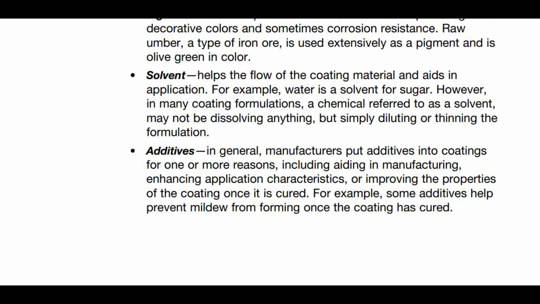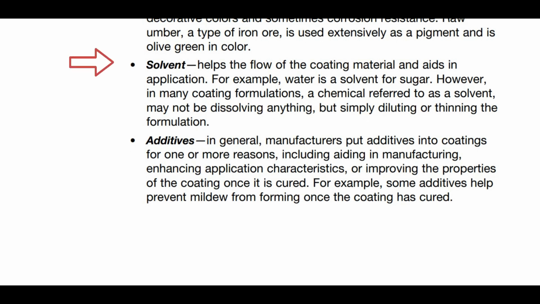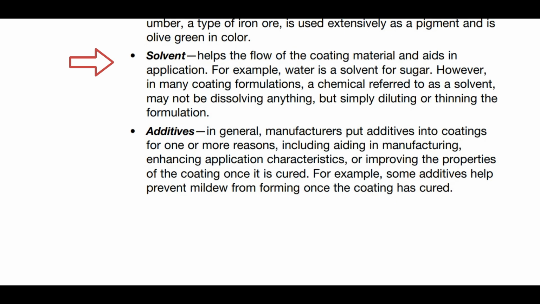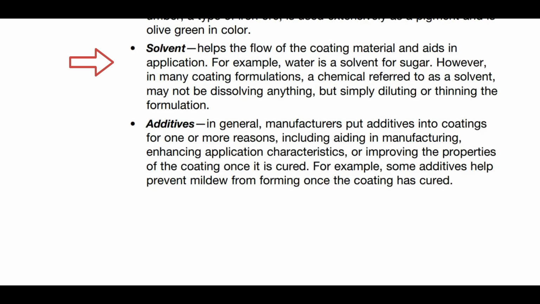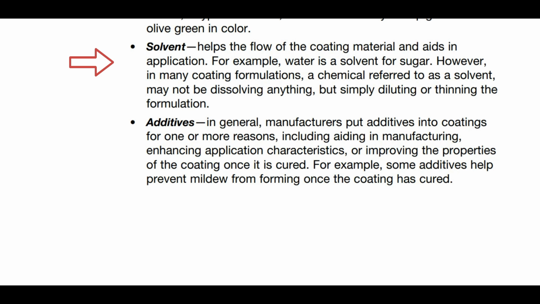Solvent: helps the flow of coating material and aids in the application. For example, water is a solvent for sugar. However, in many coating formulations, a chemical referred to as a solvent may not be dissolving anything, but simply diluting or thinning the formulation.